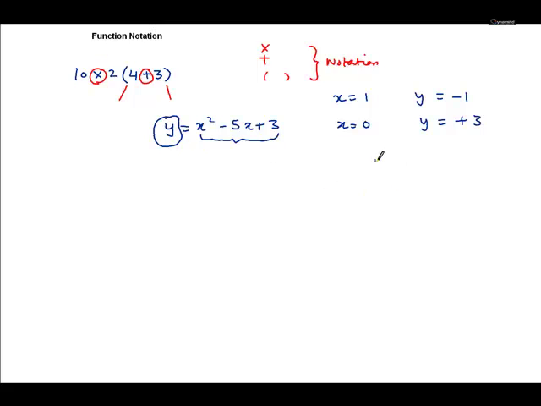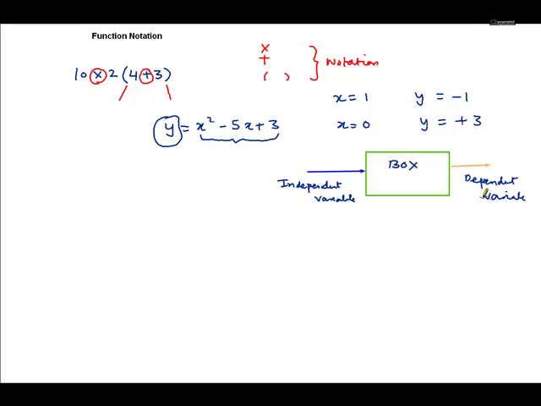A function can be thought of, again I remind you, as a box: when an independent variable enters this box, then it comes out in the form of a unique dependent variable. Note that there is nothing special about this f.